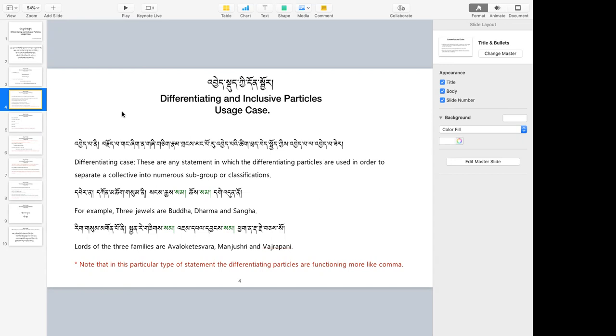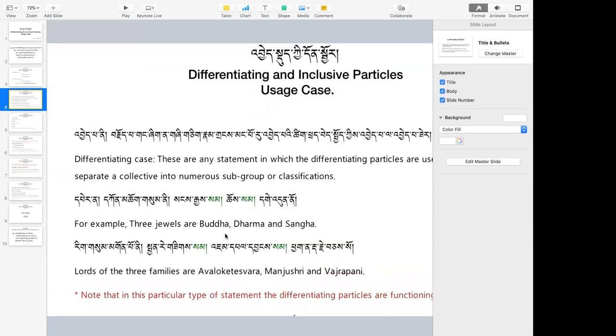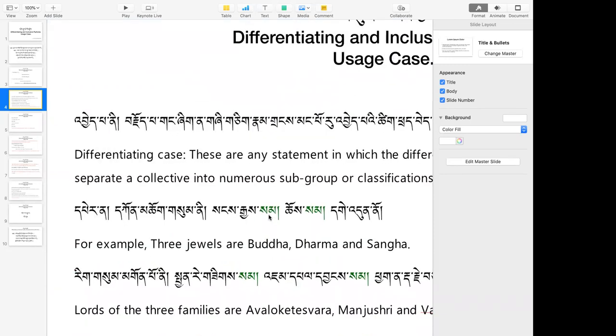And the particle that is used in order to separate them is the differentiating particle. In this case, the differentiating particle is sam. This is due to the rule that we learned during the association based on suffix letter. Since the suffix letter here is sa, it will be followed by sam.